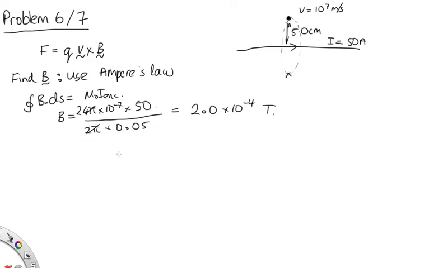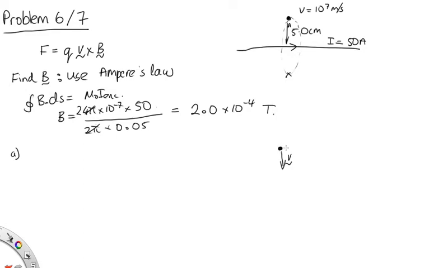Okay, so we've now found the magnetic field here, so now we can solve it for each of these cases. In case A, we're told that the velocity V is towards the wire. So here's the direction of the velocity, and the magnetic field at this point is coming up out of the page.